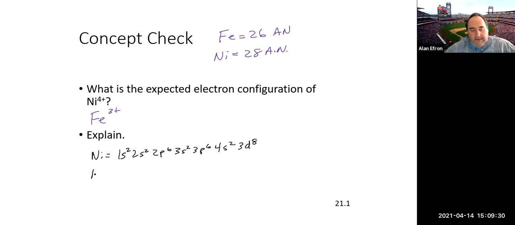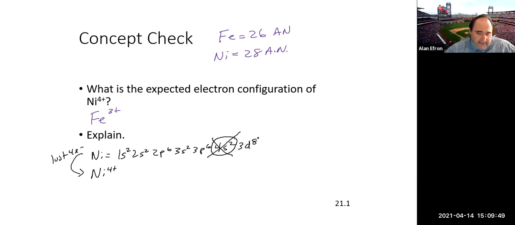If we were going to do nickel with a +4 charge, that means it has lost 4 electrons. The 4 electrons it's going to lose are the s electrons first. So those go away. That is 2 electrons.